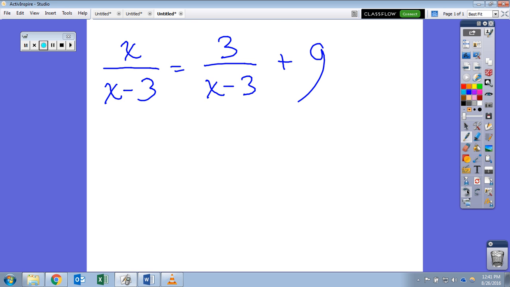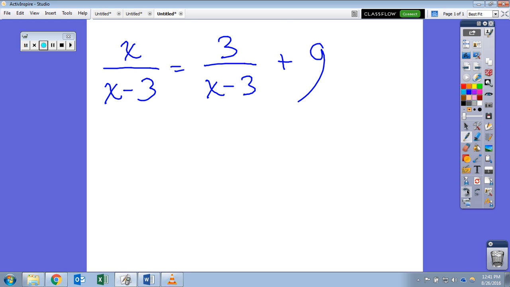Least common denominator? Okay. What do you want to do with the least common denominator? All right, let me ask you this: what is the least common denominator? What is 3? Where do you see 3 as the denominator?